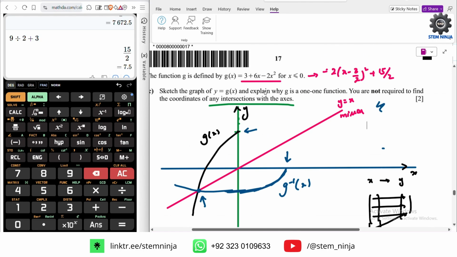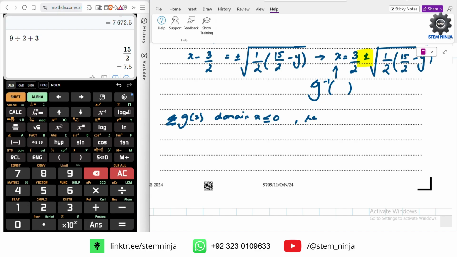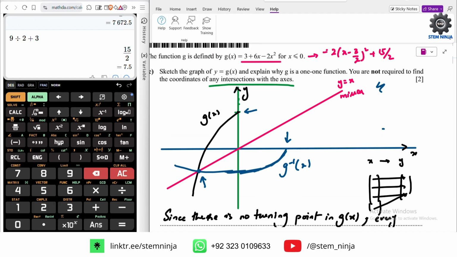So for g of x, the domain is x less than or equal to 0, and the range was y less than or equal to 3, because when you plug in x equal to 0 over here, you can see that you will get 3.